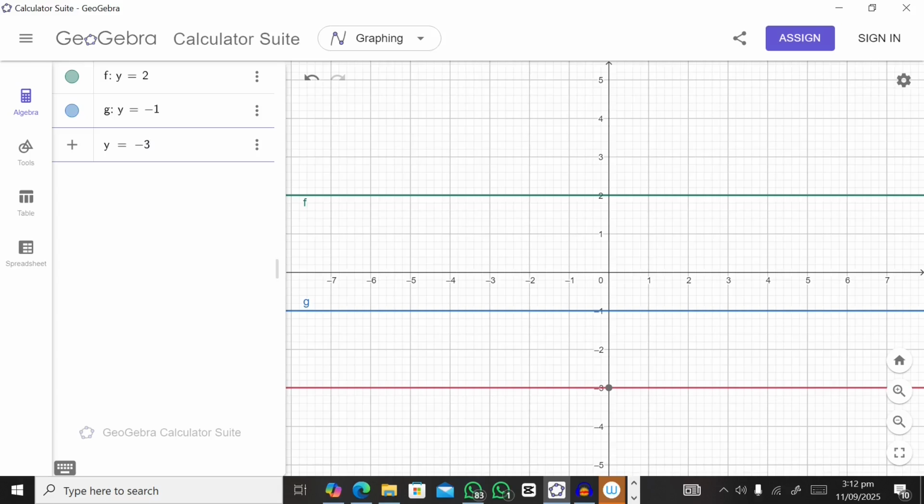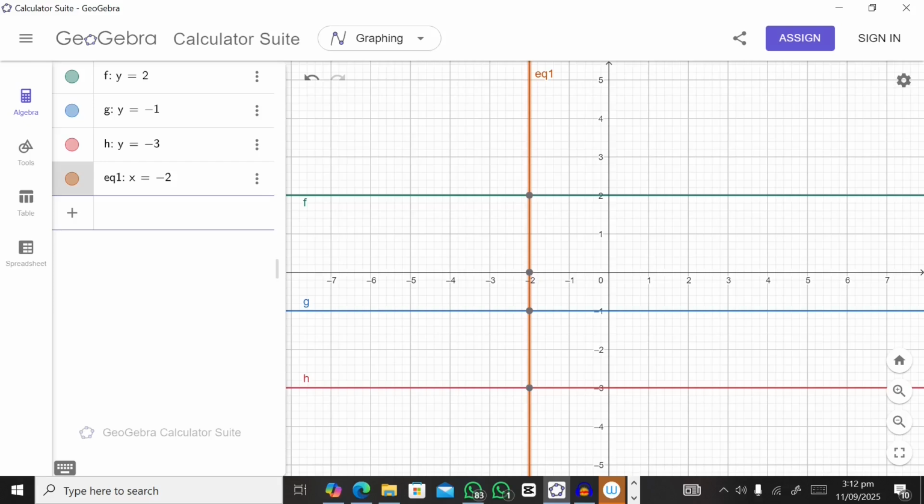Similarly, we can also draw vertical lines in the x-axis. For instance, when I go to the x-axis at exactly -2, you can see that I have my vertical line at x equals -2.